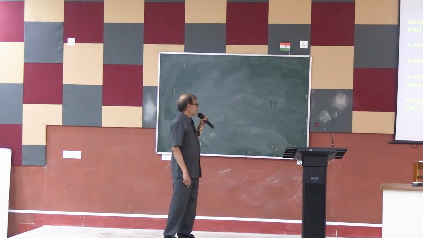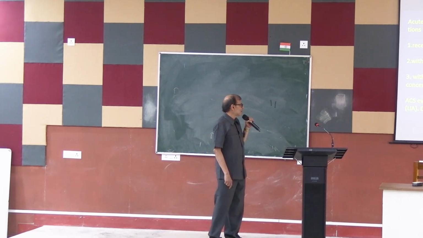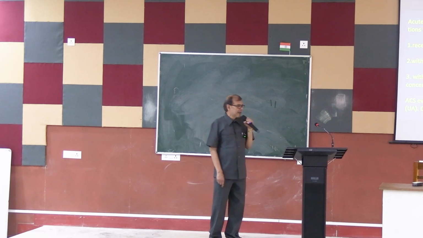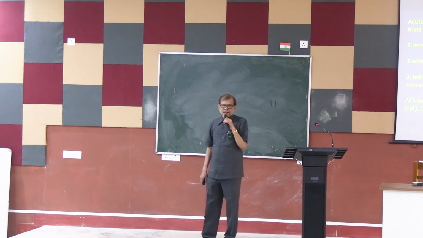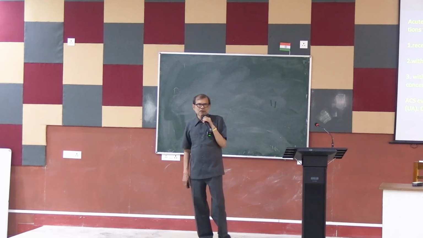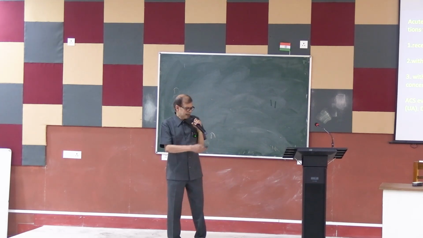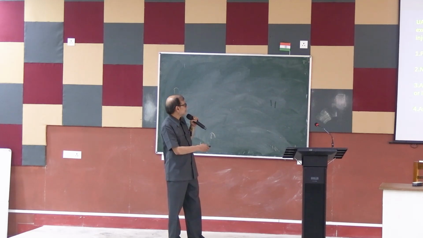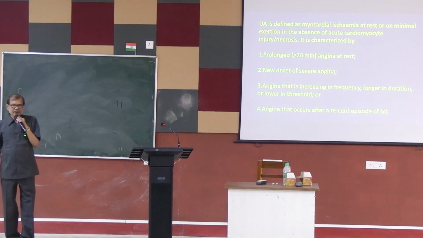Acute coronary syndrome is categorized into acute AMI or unstable angina, and acute AMI is again subdivided into ST segment elevation or non-ST segment elevation. Now, what is unstable angina? What is infarct?